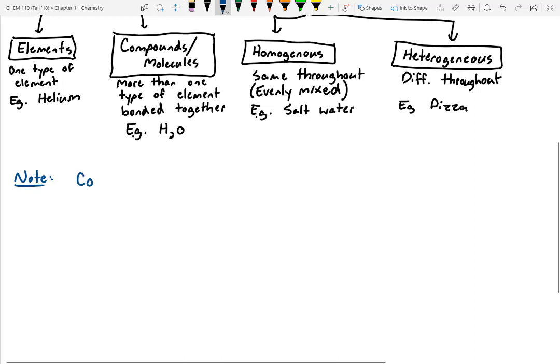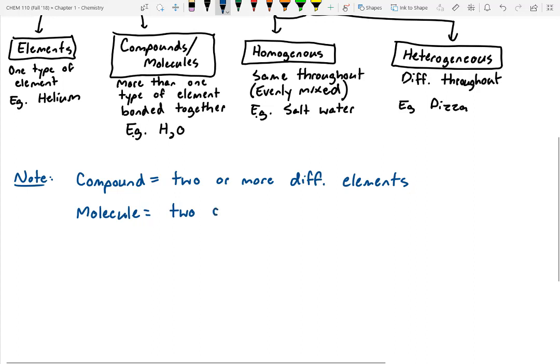So a compound equals two or more different elements that are bonded together, where a molecule could be two or more elements of any type. And in fact, they can be the same.